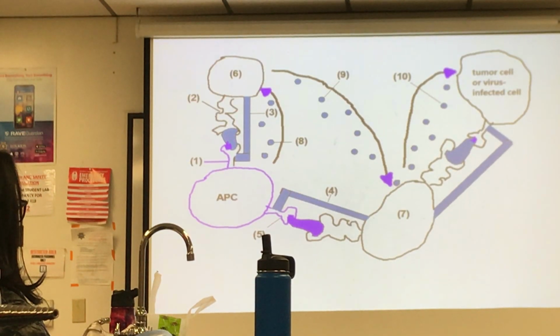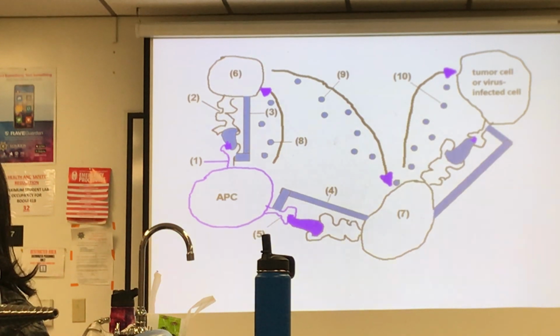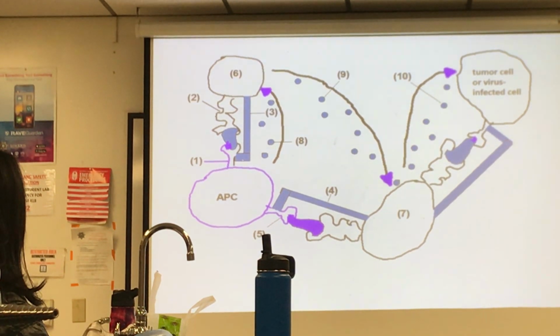Okay. Well, I have 1 and 2 to get between. So 1 is MHC2, which has the antigen that the APC broke down with its lysosomal enzymes. That's recognized by the T cell receptor of the T helper cell, which is stabilized by CD4 or CD8. What do we have with T helper cells? CD4. Okay?